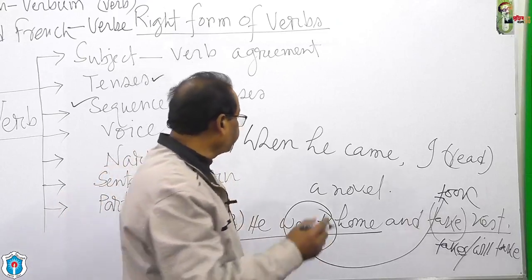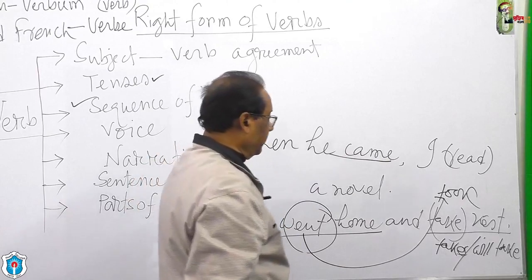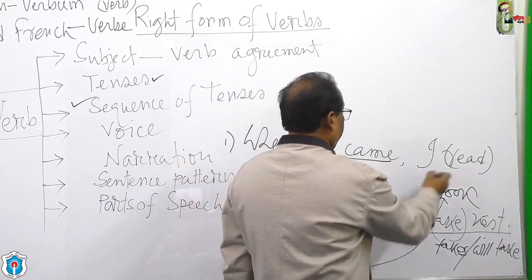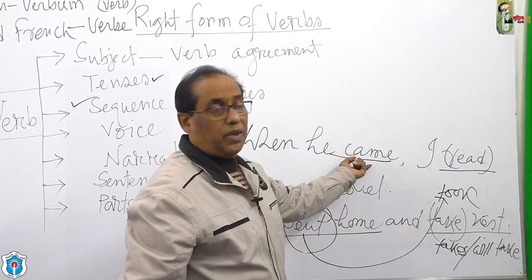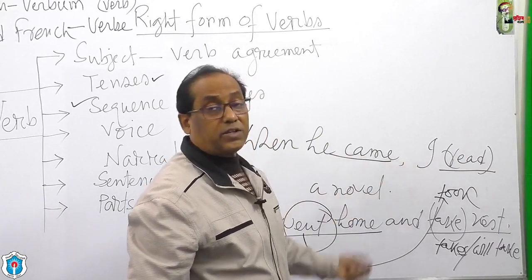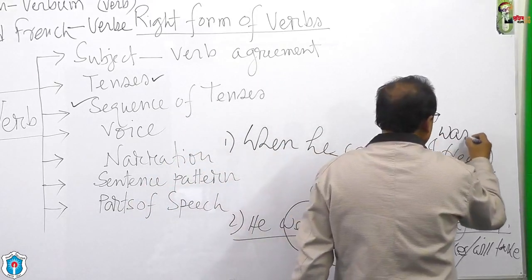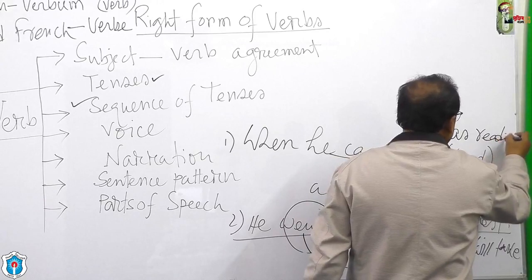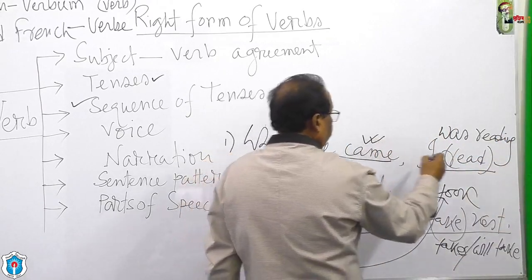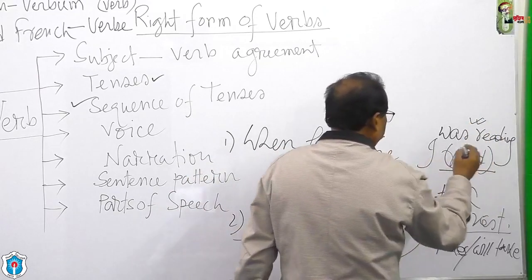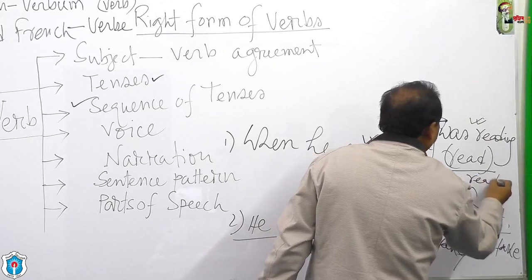Another example, when he came, I read a novel. যখন সে এসেছিল তখন আমি একখানি উপন্যাস পড়ছিলাম. That is was reading. So came is past, was reading also past. You can't write I am reading.